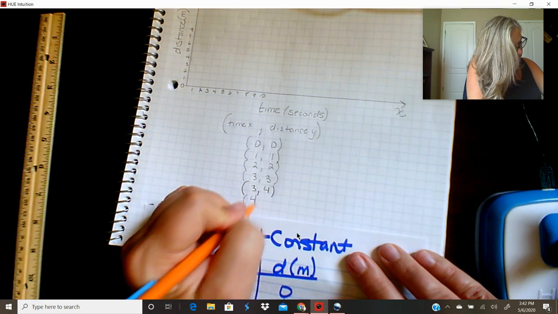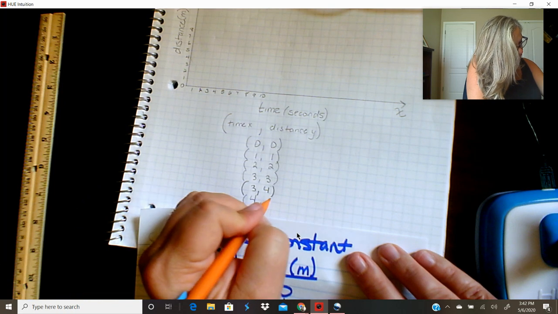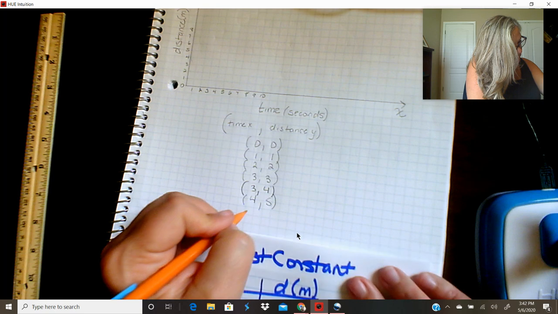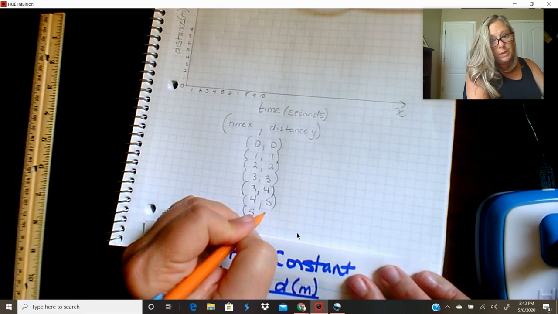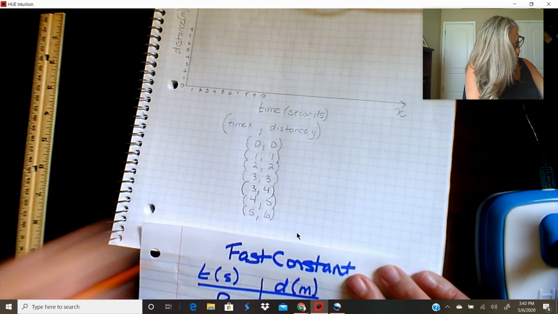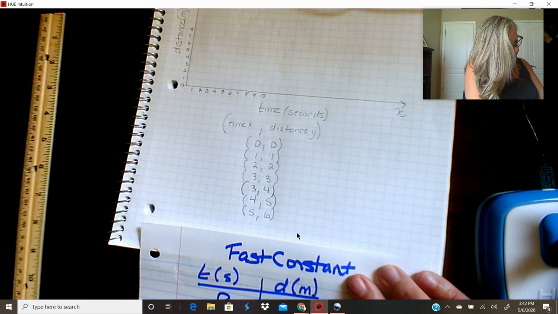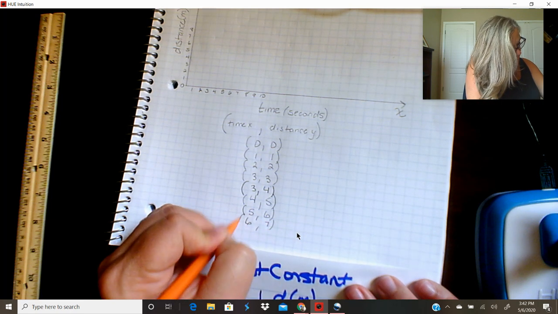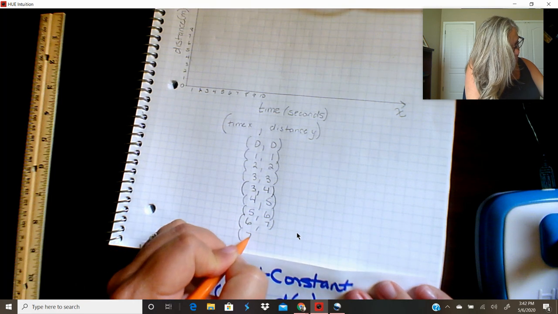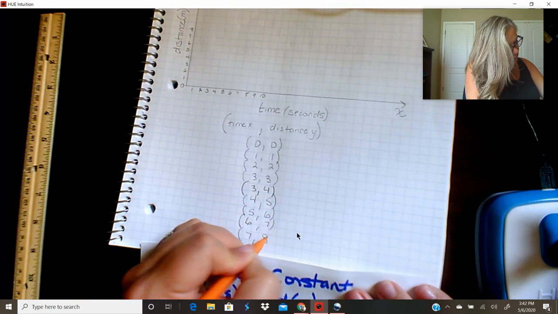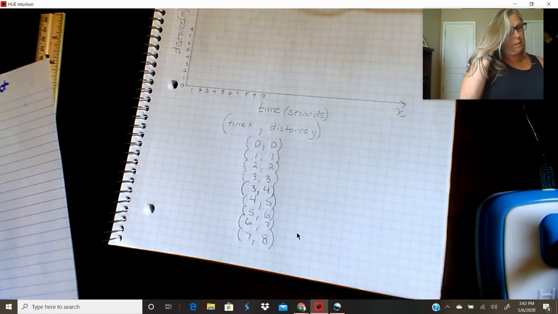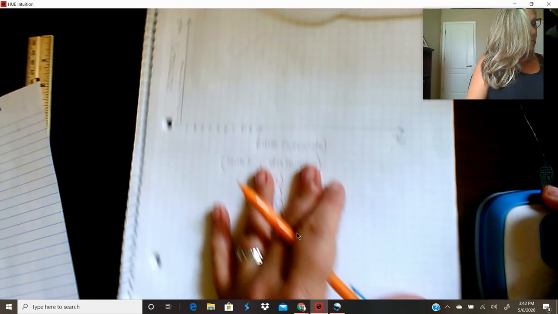At 4 seconds, he was at the 5th meter, and at 5 seconds, he was at the 6th meter, and at 6 seconds, he was at the 7th meter, and at 7 seconds, he was at the 8th meter. All right, so now it's just a matter of graphing all of our data, our coordinates.